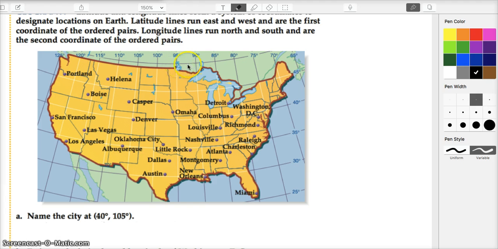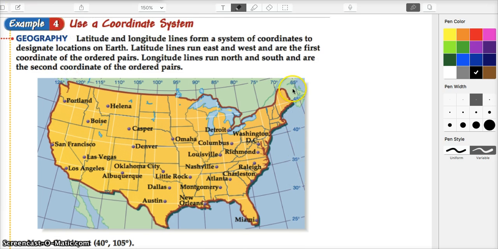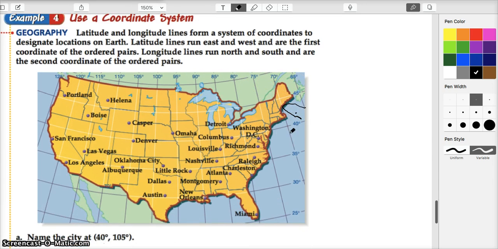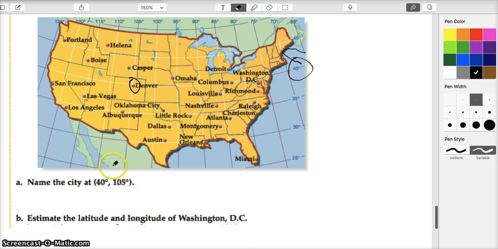So we look for 40 degrees along the latitude, and we find it here. And then we come over and we're looking for 105 degrees, slowly taking our time, and we find that at 40 degrees and 105 degrees, we find Denver.